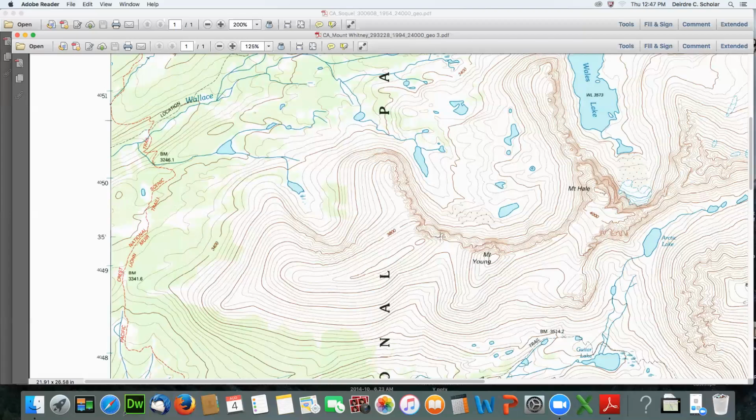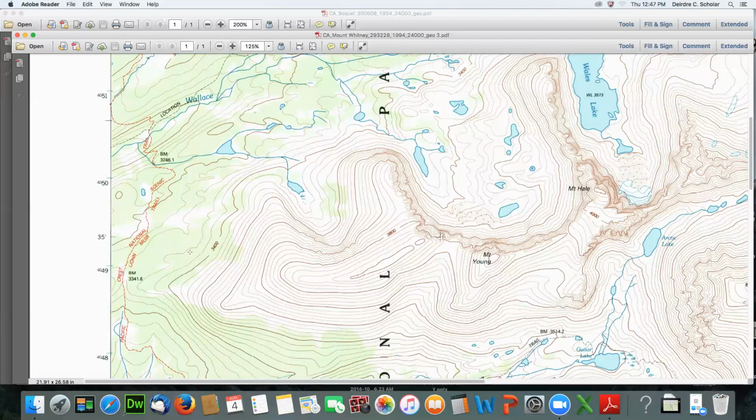Now, because contour lines indicate change in elevation from one contour line to the next, if we have contour lines spaced widely apart, that means there's much more of a gradual change in elevation, and therefore we would say the slope of the terrain is more gentle or more gradual in this region here.